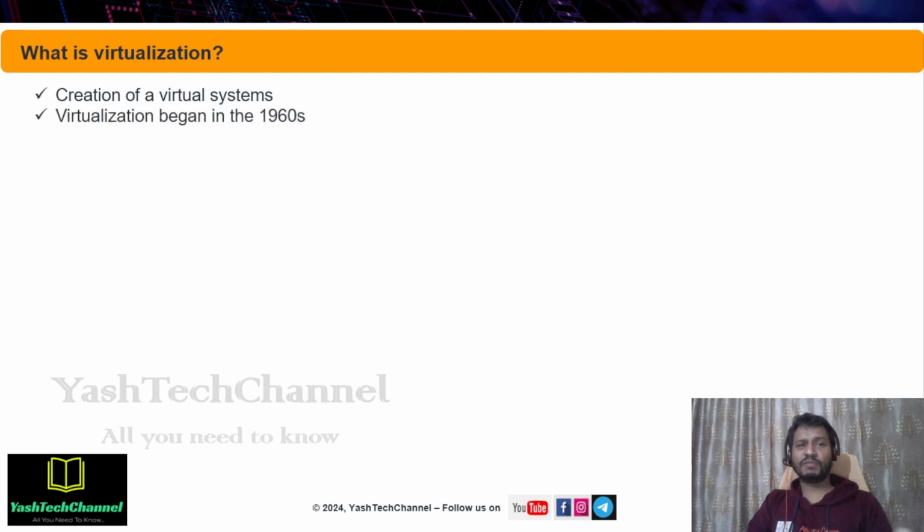The virtualization actually began in the 1960s, so before that there was no virtualization concept. So why did it become popular? Because whenever we need, we can simply go and launch our testing environment, do our testing, and terminate it. That's the reason virtualization became so popular.